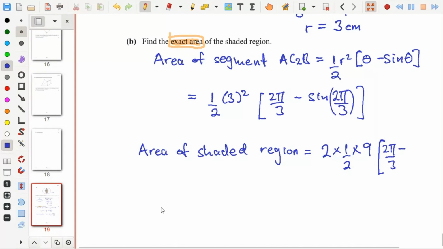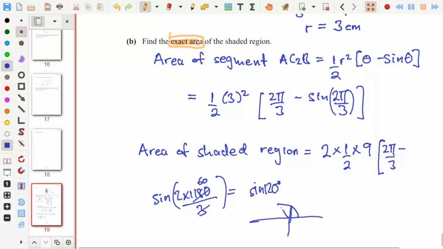Now, sine 2 pi on 3. This is the same as 2 times 180 over 3. This is the same as sine 120. So don't forget that sine 120 is the same as sine 60. In the second quadrant, you can see the angle is always between the hypotenuse and the x-axis or the base, like a right angle triangle.